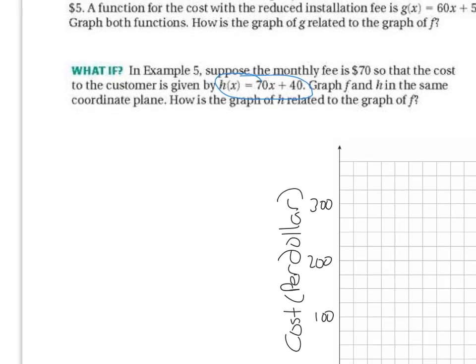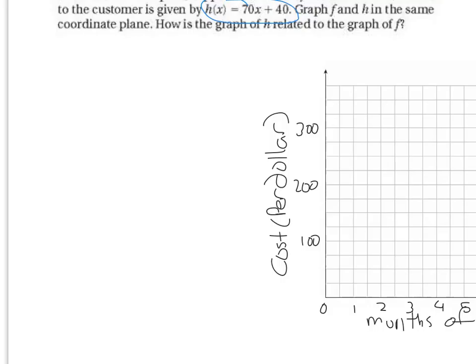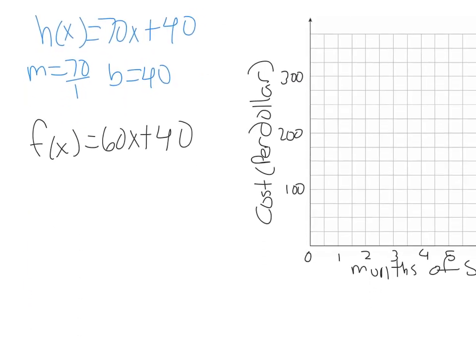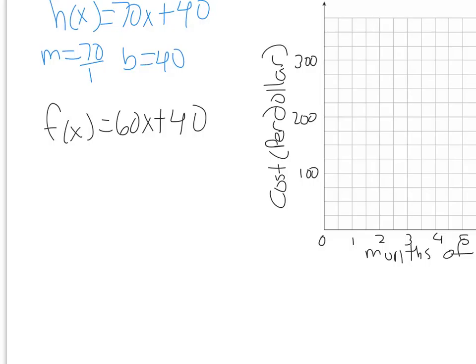So now let's bring the equations down. So we have h of x equals 70x plus 40. So we know the m is 70 over 1 and the beginning point is 40. And then we know f of x is 60x plus 40. Let's double check. Yep. So I know m is 60 over 1, b is 40.